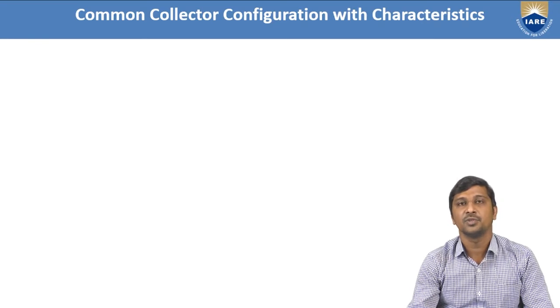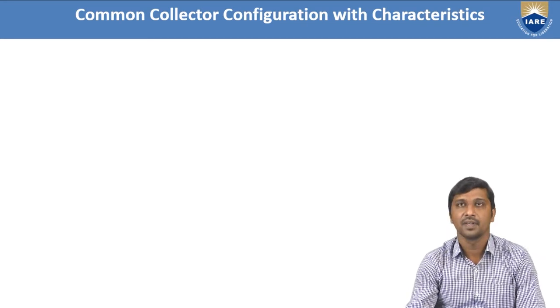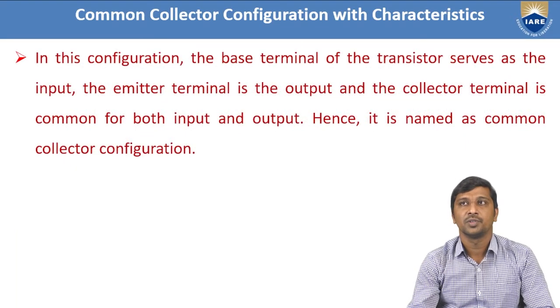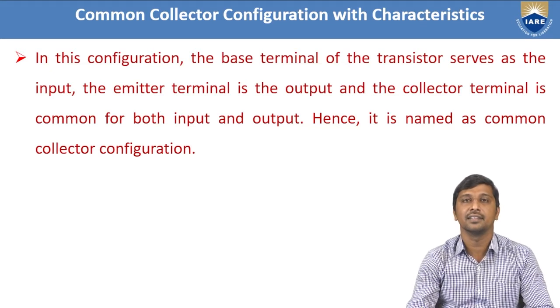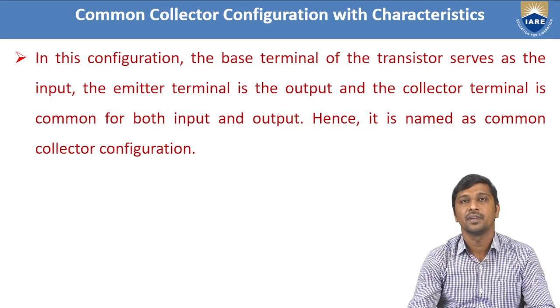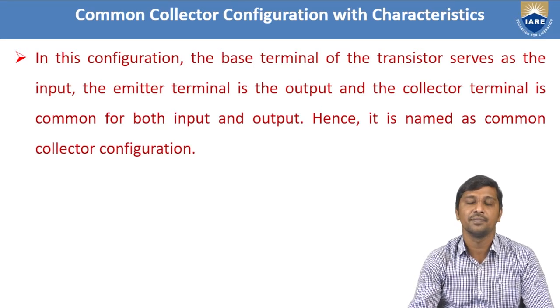The base is connected as the input side and the emitter as the output side. Input is measured between base and collector, and output is measured between emitter and collector. So we collect the output information from the emitter terminal.